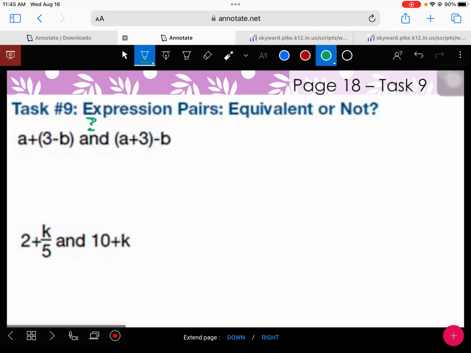Okay, so I need people to help back it up, because you can't just say yes or no, you've got to say why. So people who thought they're equivalent, why do you think they are equivalent? Because you can't distribute. You're right, we're not distributing here, but I don't know that proves it one way or another.